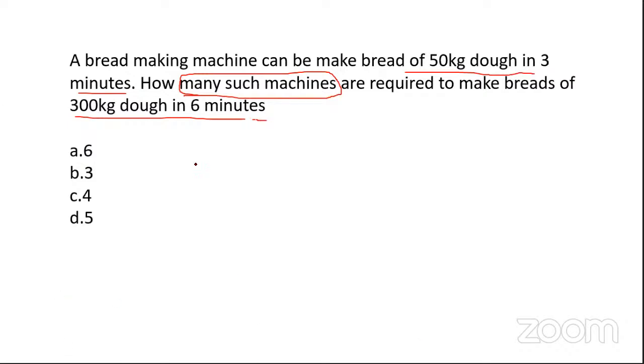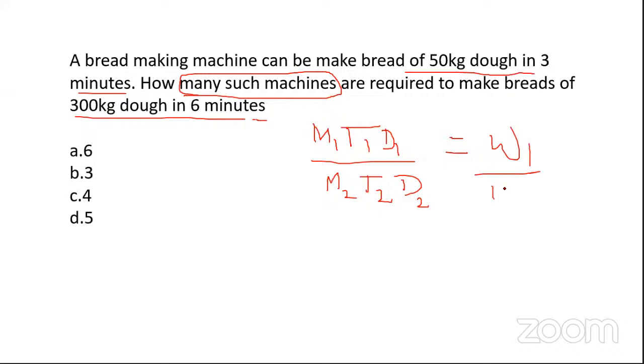This is related to time and work. Whenever you see these questions, we have a short trick: M1 T1 divided by W1 equals M2 T2 divided by W2, where M refers to the number of men, T is time or number of days, and W is work done.